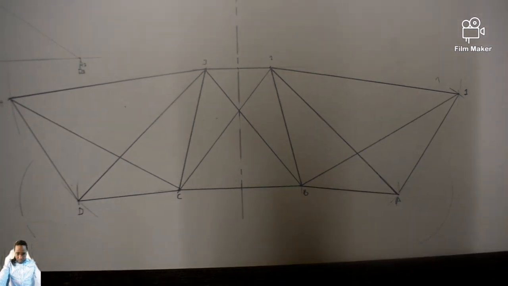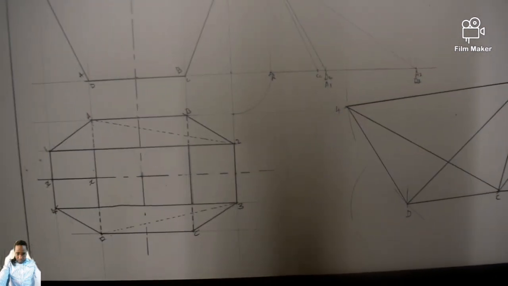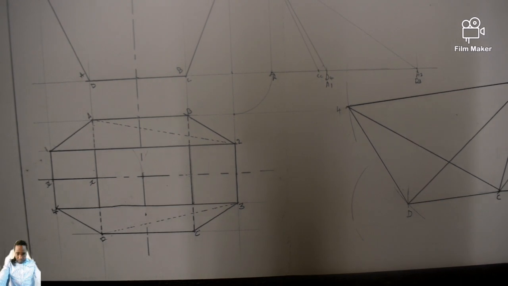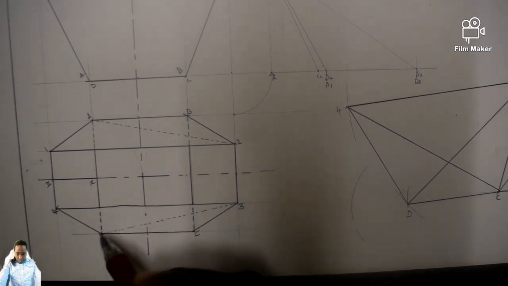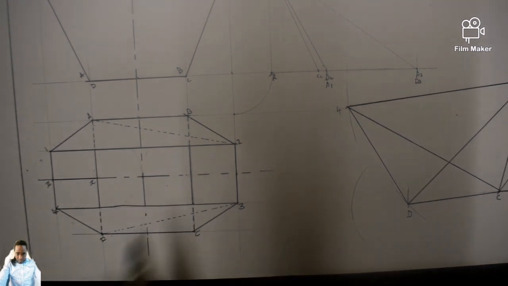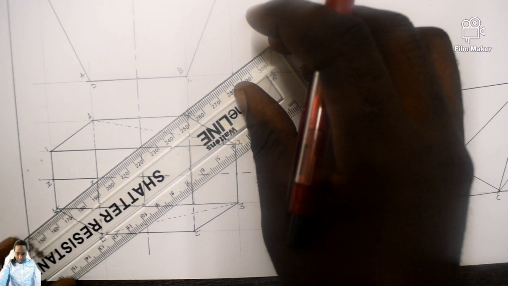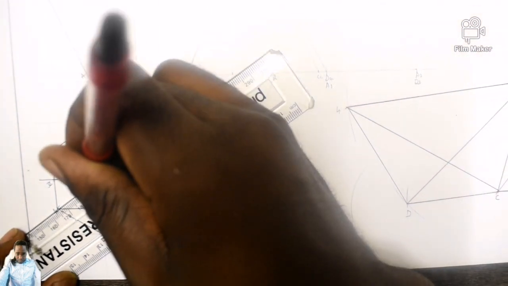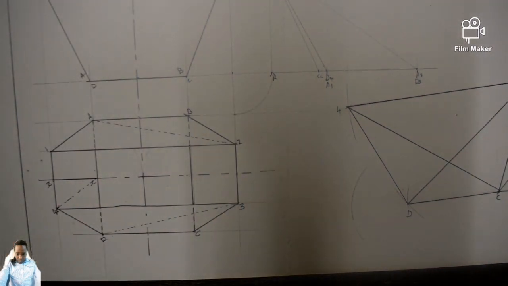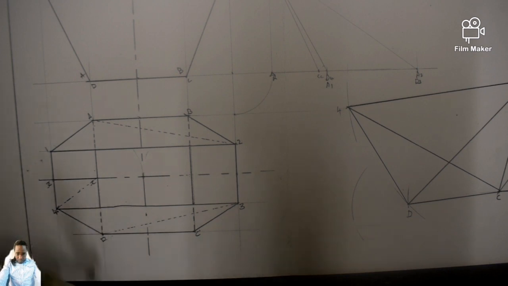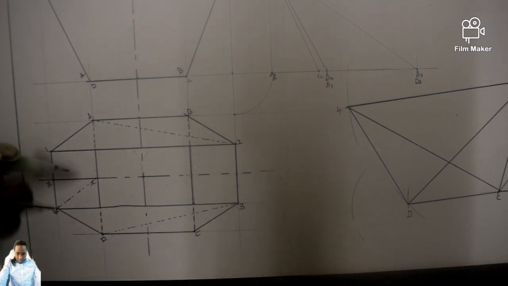So go back to your top view. After you've gotten that one, A to X. So what do we have? We've got 4D. We are looking for X. So have marginal line. Again, that's going to be like this. You understand? So now place your drawing compass at point 4 to point X that you're looking for.